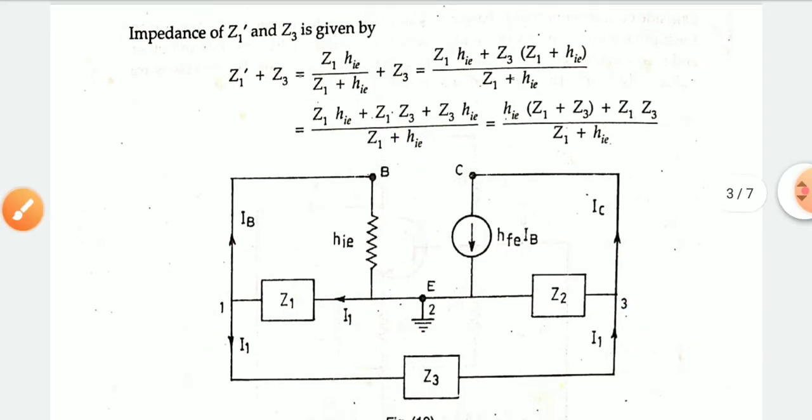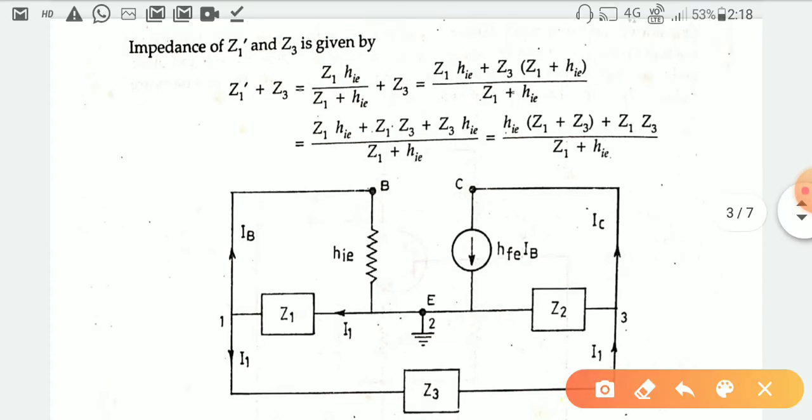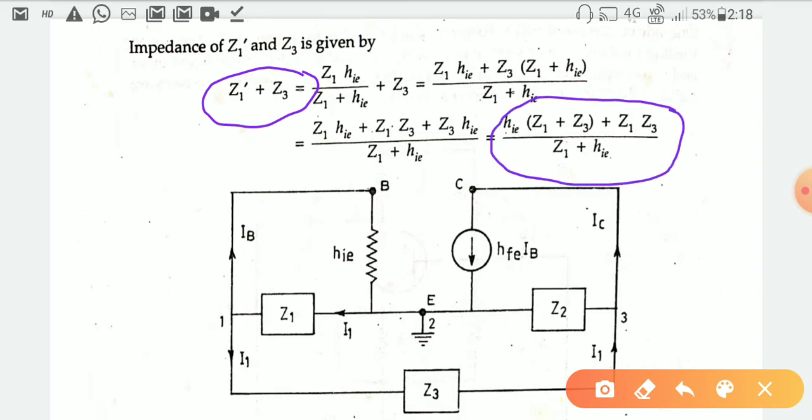Here this impedance value is defined as Z1 dash plus Z3. So the value will become, after getting this formation, hie multiplied by Z1 plus Z3 plus Z1 Z3, divided by Z1 plus hie.